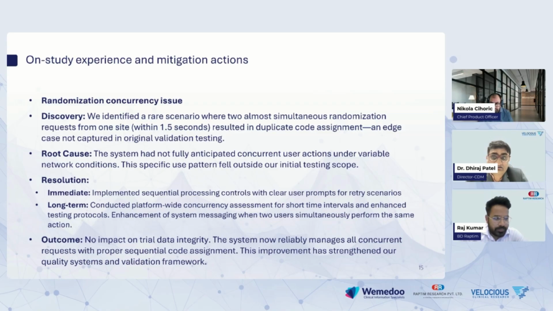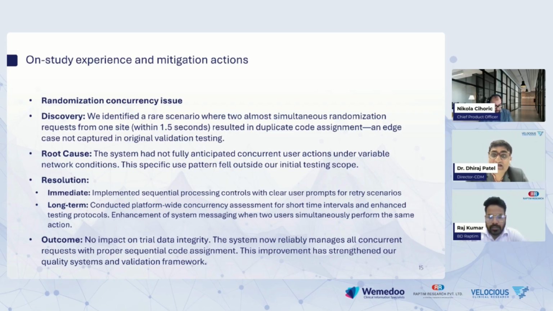So first was a concurrency issue. We never assumed that on a single site the user could randomize patients within 1 or 2 seconds, but it happened. We can't control the site user, right? It may happen that the user opens two subjects in different tabs and starts entering the randomization, and it happened within 1 to 2 seconds.